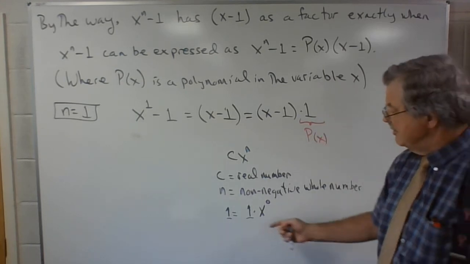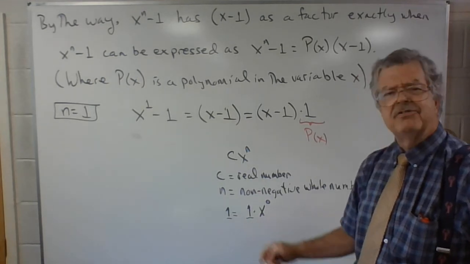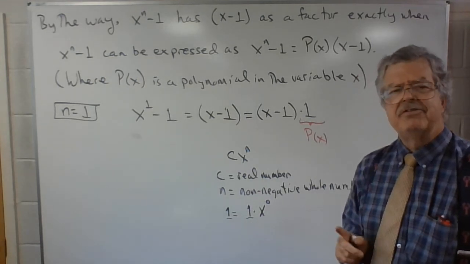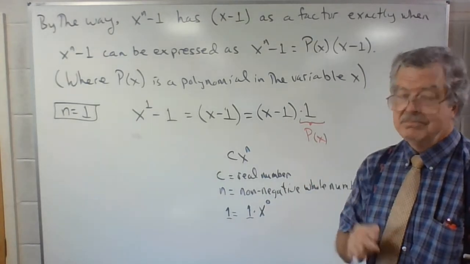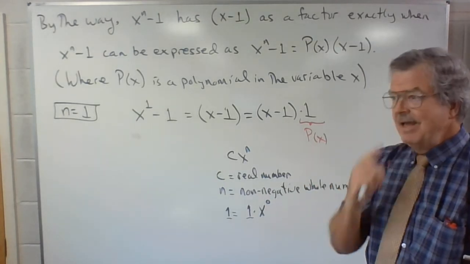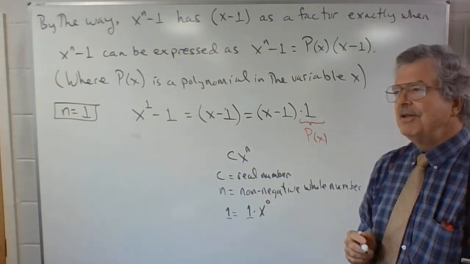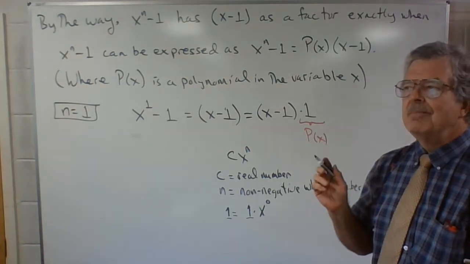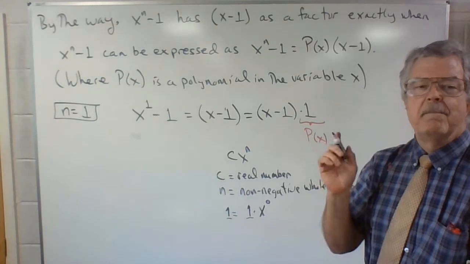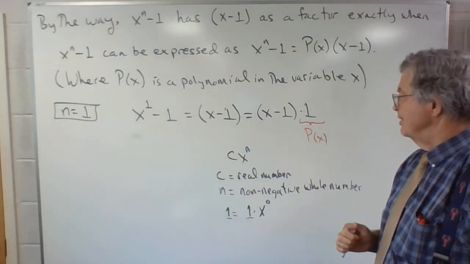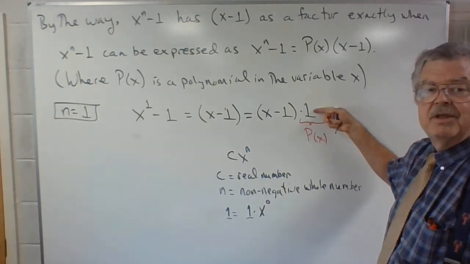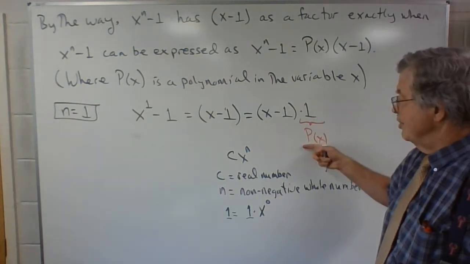And in the process of defining monomial this way, have I just admitted that every real number is a monomial? Yes, I have. And since a polynomial is the sum of one or more monomials, every monomial is a polynomial. Here's a monomial. It's also a polynomial.